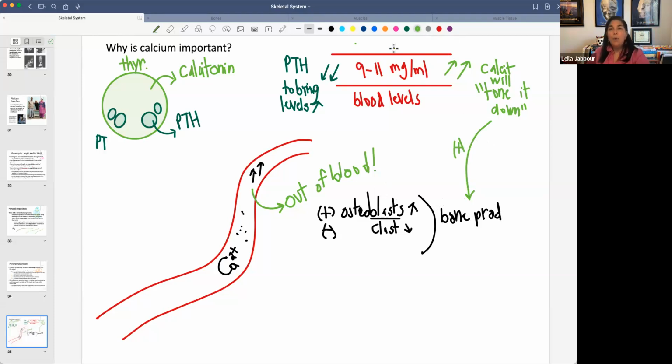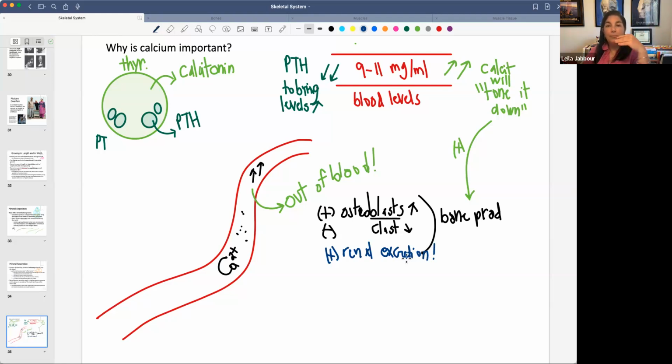Okay, and one more way of how we can do this is we can stimulate renal excretion. Let's put it in the urine and get rid of it that way.